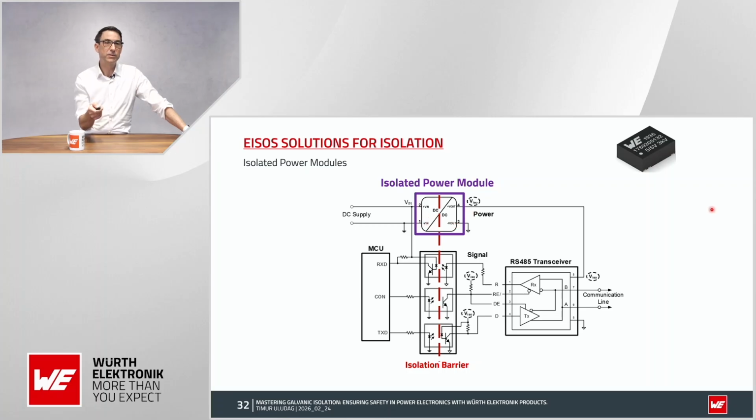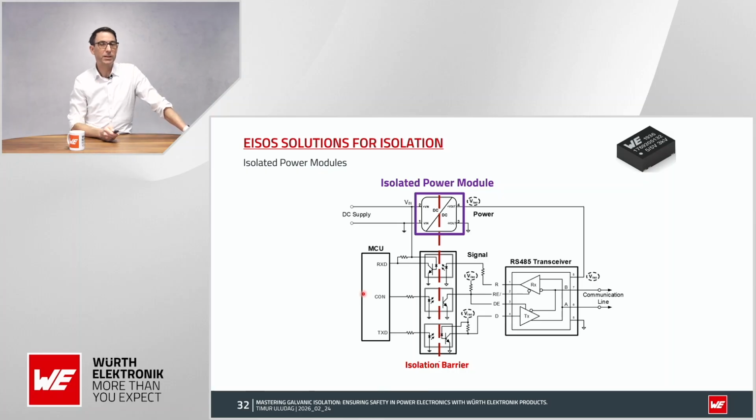So for the whole application, where you have got here the transceiver, both the power path and also the signal path are galvanically isolated, and disturbances cannot go to the microcontroller unit.